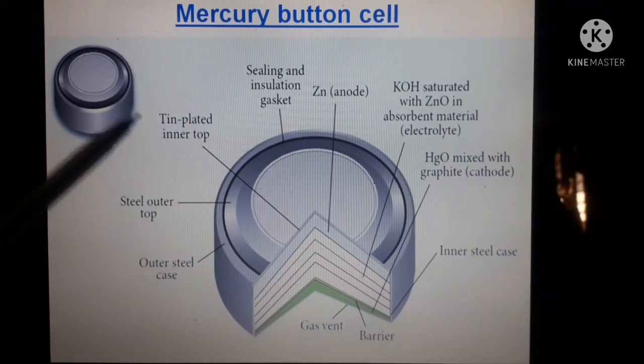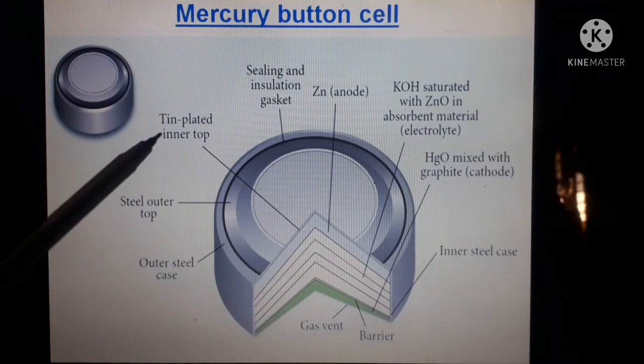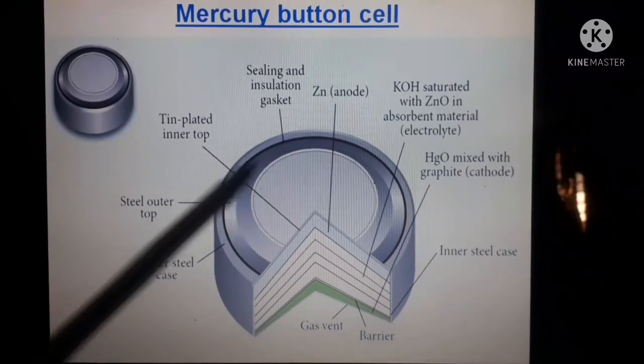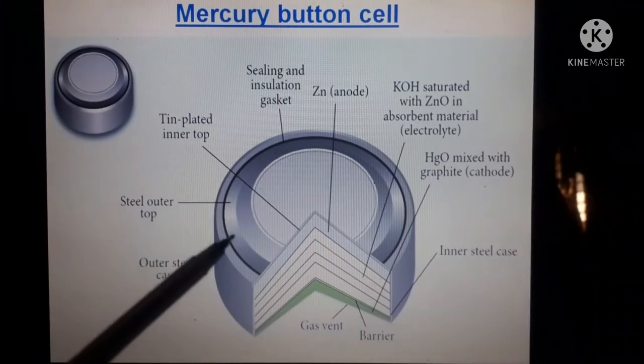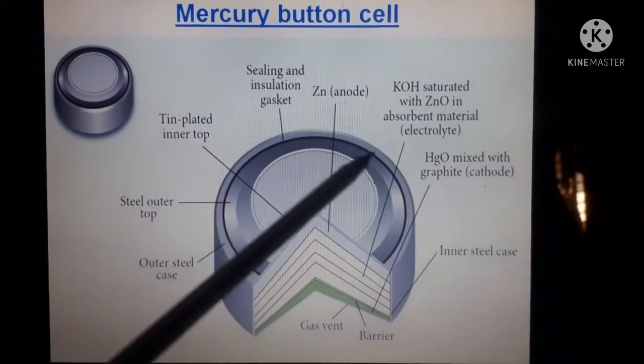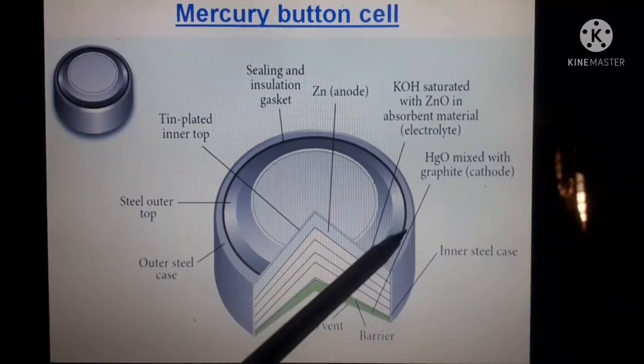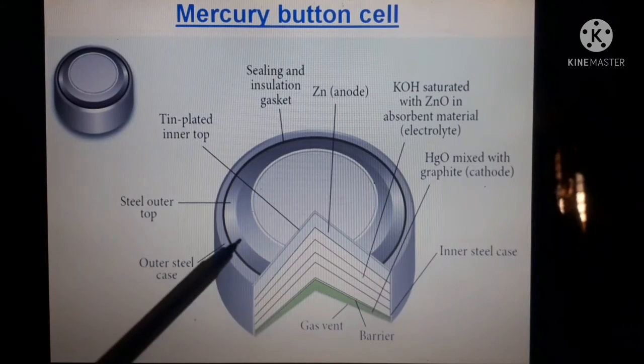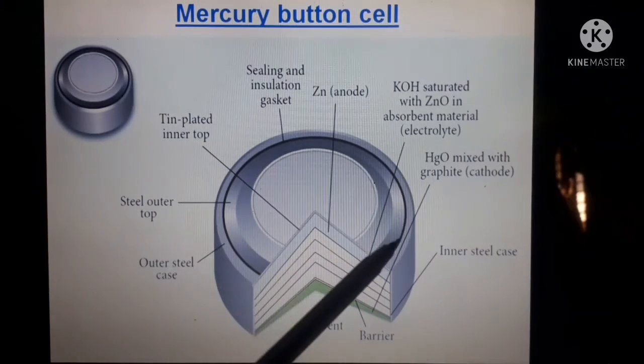Inside the top, the tin plating is there. This is another layer. Next, the gasket is there. Gasket means this is the insulation material. You see the battery, the insulation is there in the gap.